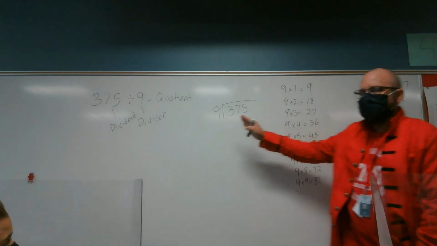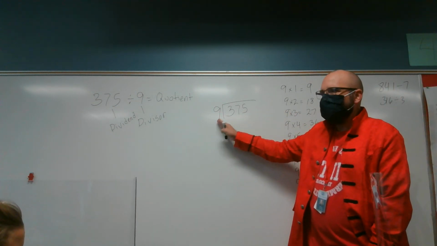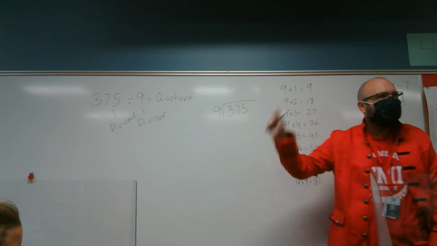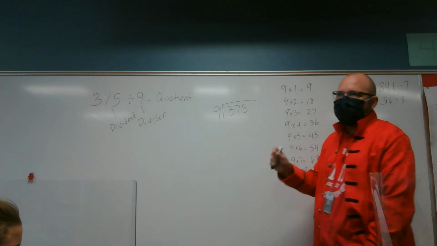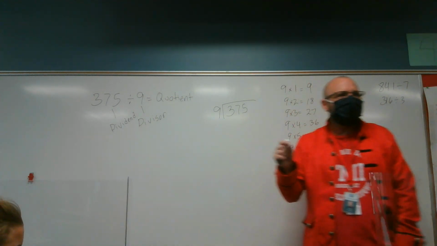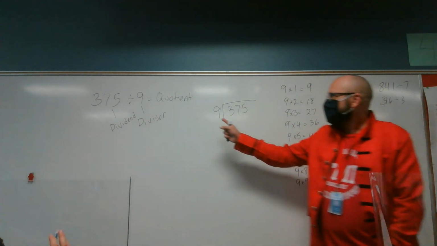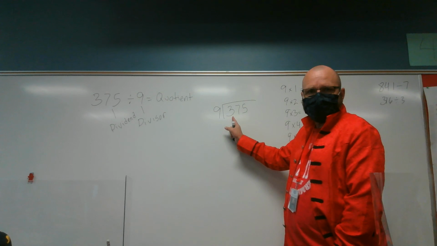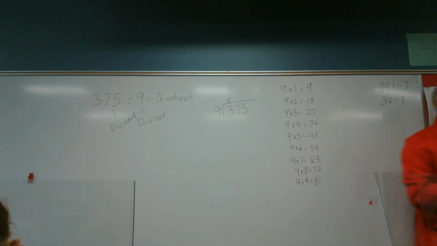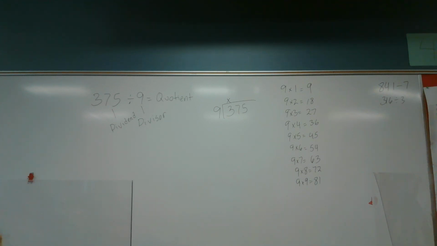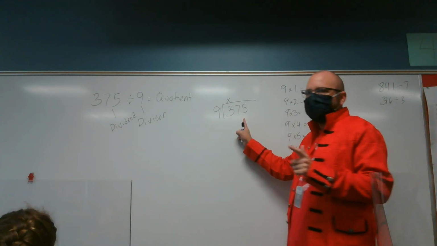First, I'm going to check and find out what 9 goes into. And this is really important to do it this way, so I put my numbers in my quotient in the correct place. Is 9 going to go into 3? No. I am not going to put anything above the 3. Does 9 go into 37?